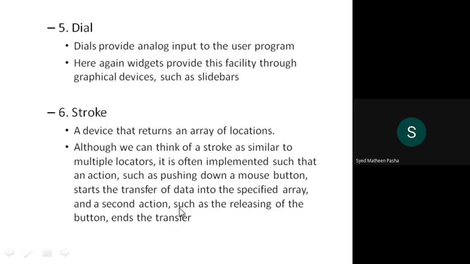That is, if you hold the mouse button, the data stored in the locations is retrieved from the array, and if you release the mouse button, it gives the end of that particular transfer of data. So these are some of the devices you need to remember with respect to OpenGL. These are some of the logical device operations with respect to OpenGL.